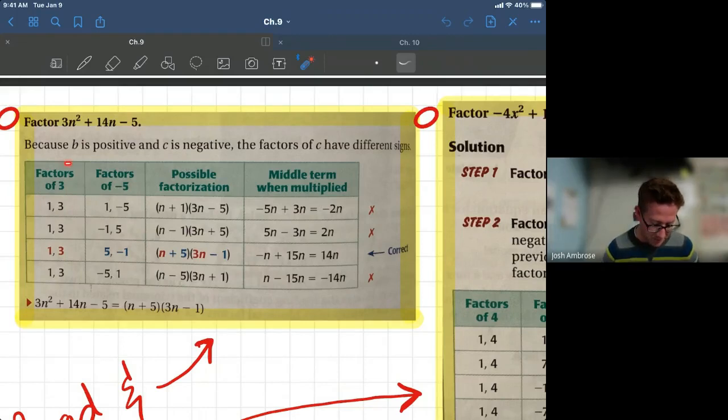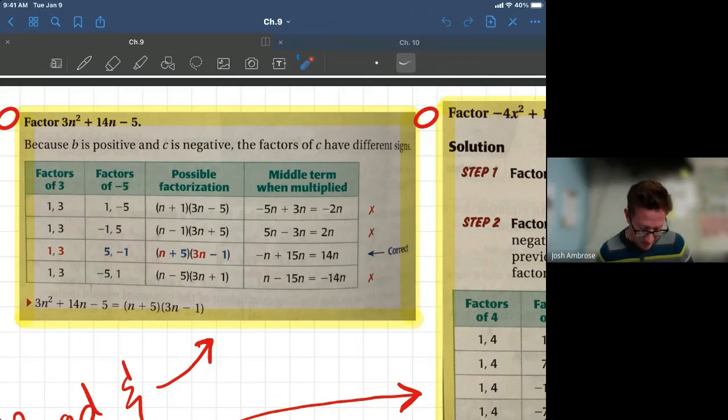So let's go down the line. For starters, all the factors of 3 are the same, 1 and 3. That doesn't change. What are all the factors of -5? Because that's important to see. We could have +1, -5, -1, +5, and then the same thing, but the order starts to switch.